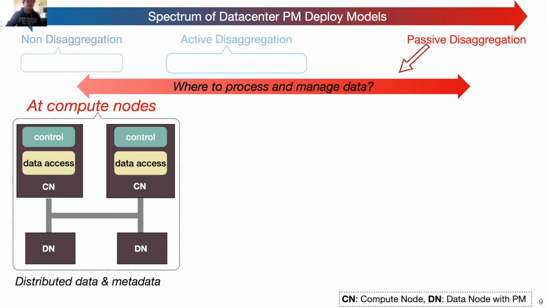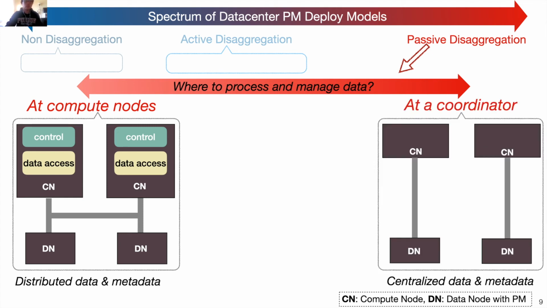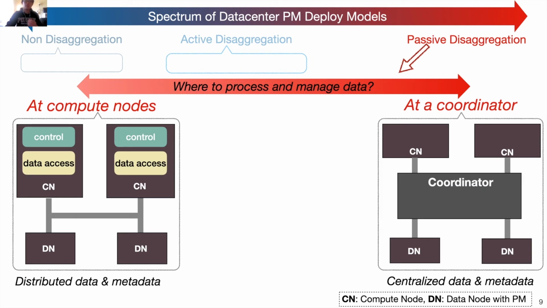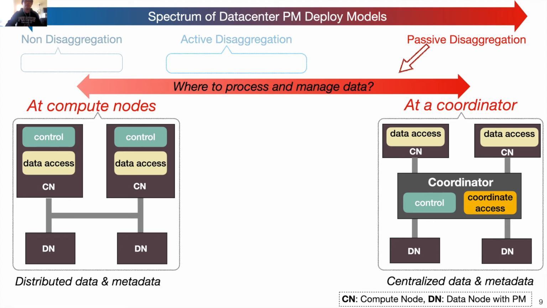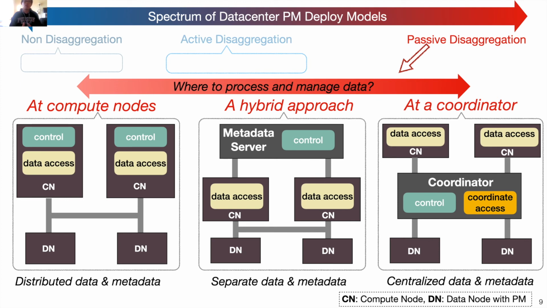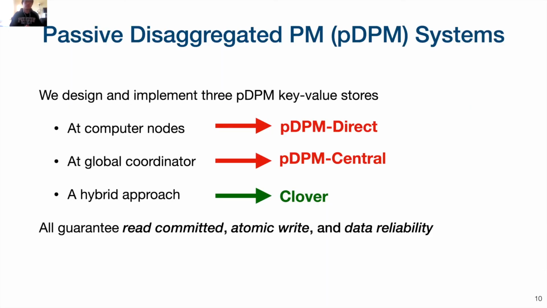A different way is to centralize data and control planes, for example, by adding a centralized coordinator between CNs and DNs. The coordinator could perform all metadata operations and coordinate data access from CNs. A third way is a hybrid model that combines distributed and centralized approaches. For example, the data plane can be performed at the CNs in a distributed way, and the control plane could be carried out at a centralized server.